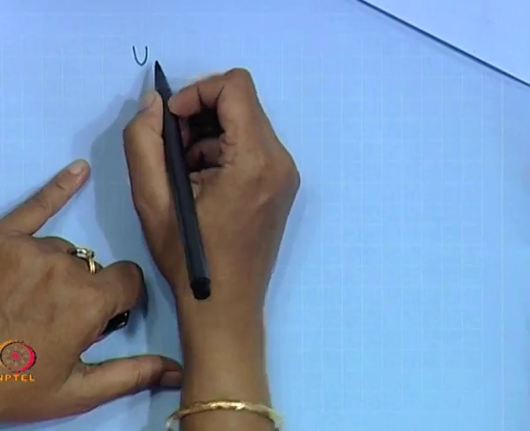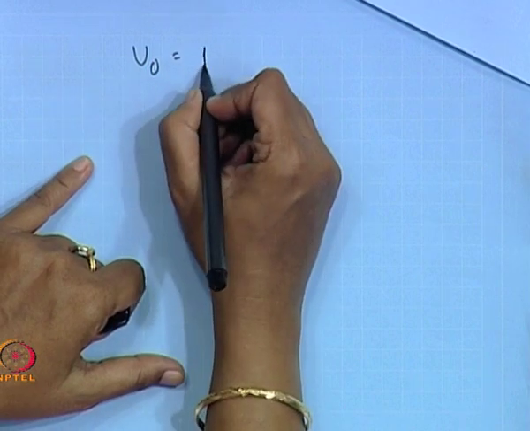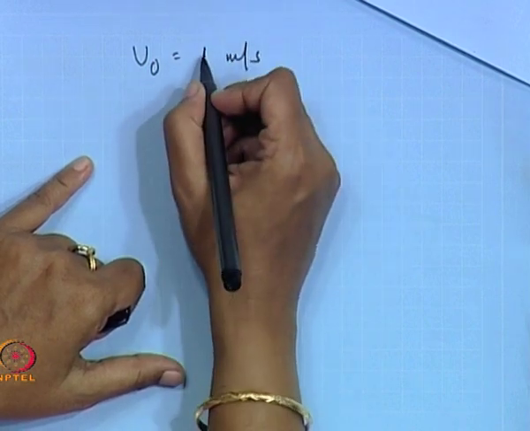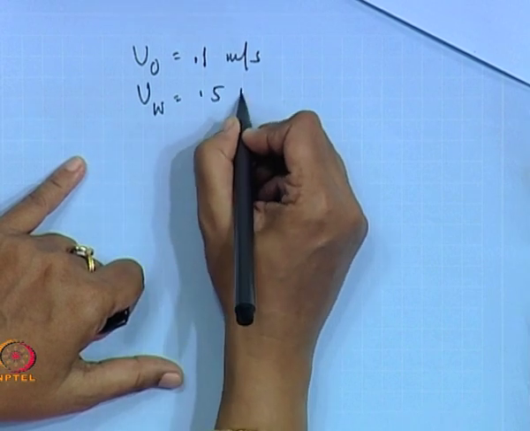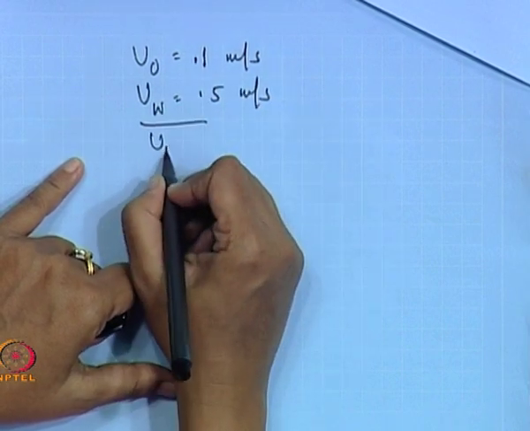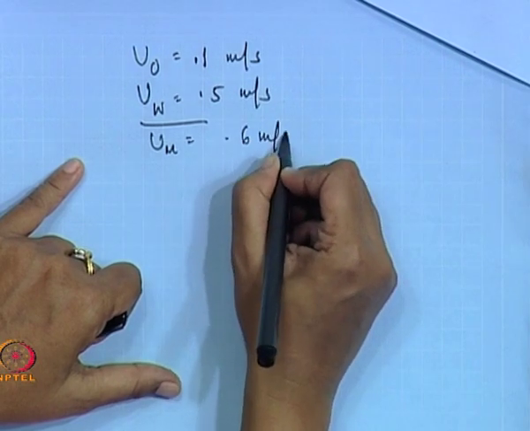We can do it. Say, for example, we start with U oil of, say, 0.1 meters per second and U water of, say, 0.5 meters per second, so that the mixture velocity is 0.6 meters per second.